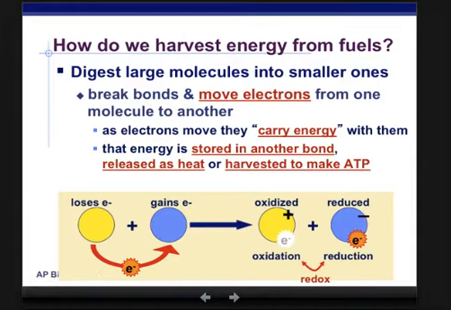As electrons move from one atom to another, they move further away from the nucleus of the atom and therefore are at a higher potential energy state. So when an electron moves from yellow to blue here, this electron is going to be sitting further away from the nucleus of an atom and have more potential energy, like being at the top of a staircase.